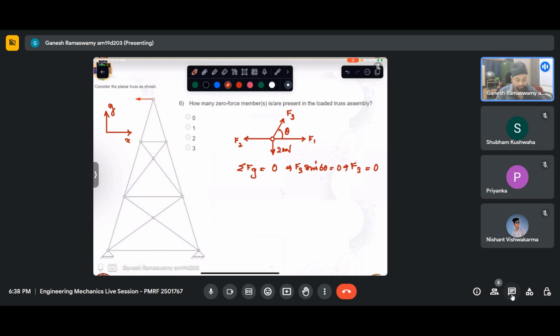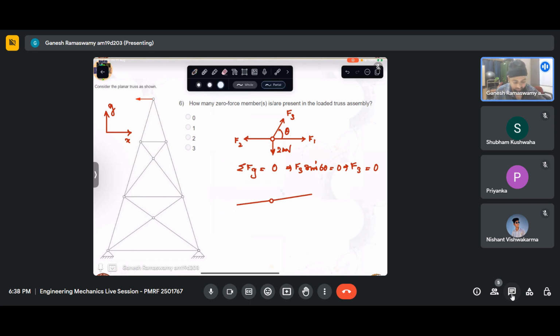Okay. Now, next, let us say I have a joint like that, which is not loaded, but it is taken out of some configuration. Can I conclude something about this?